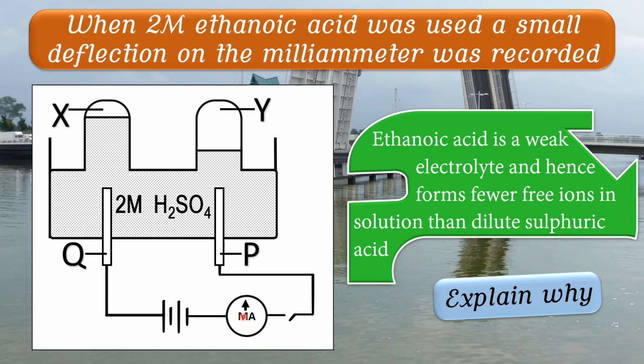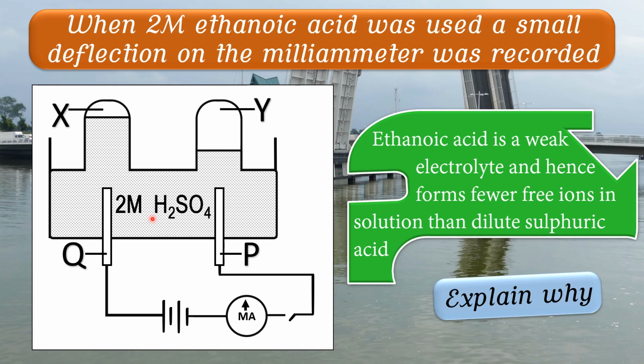Why? Because ethanoic acid is a weak electrolyte. Therefore, it forms very few ions in solution compared to sulfuric acid. Sulfuric acid is a strong electrolyte. Hence, it forms very many free ions in solution.